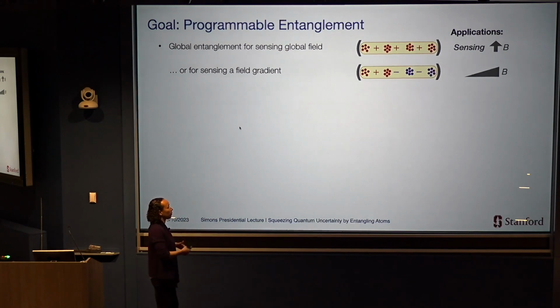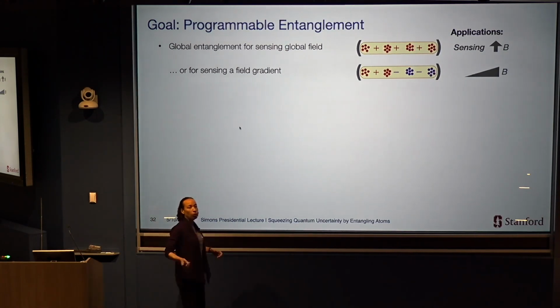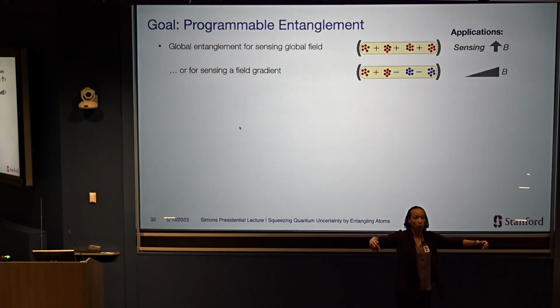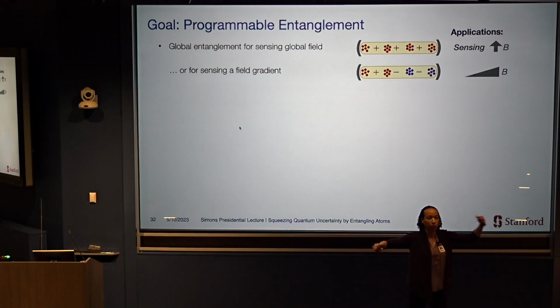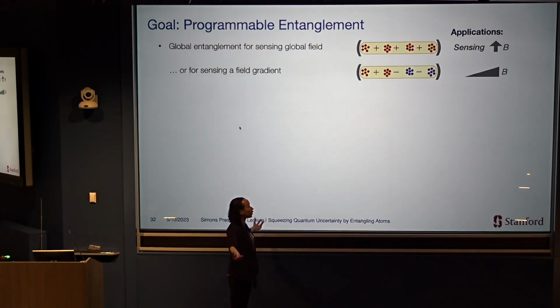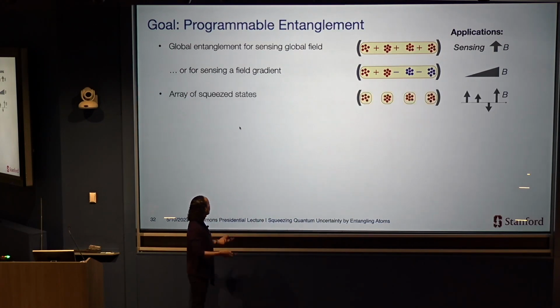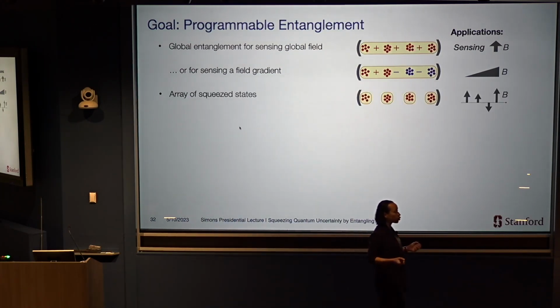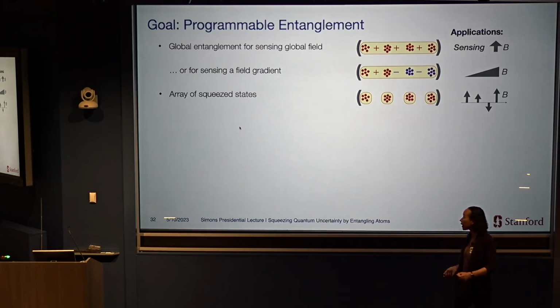If I want to measure a magnetic field gradient, then maybe I want to prepare a single large entangled state, but orient my spins so that I have differential sensitivity to the field in one place or the field in another, and that requires combining these global interactions with some local control. If I want really maximal spatial resolution, maybe I want many independent squeezed states.